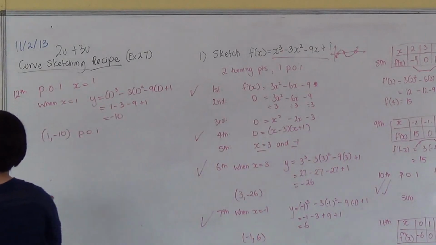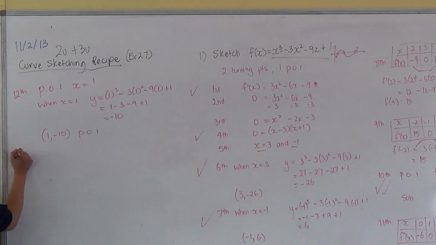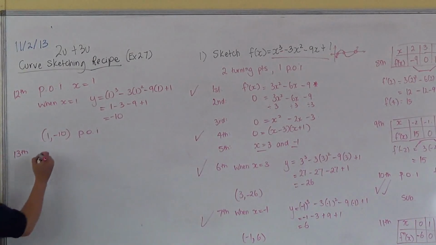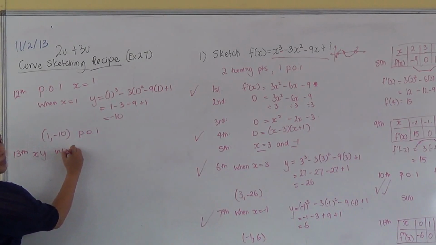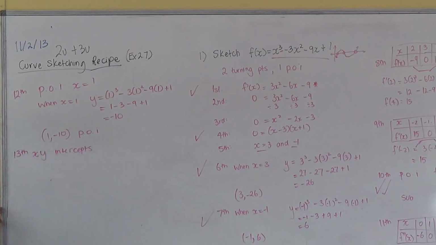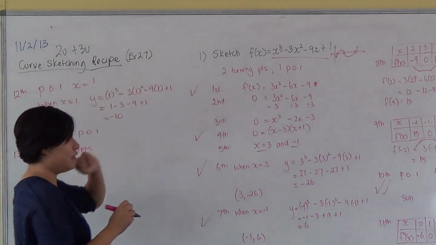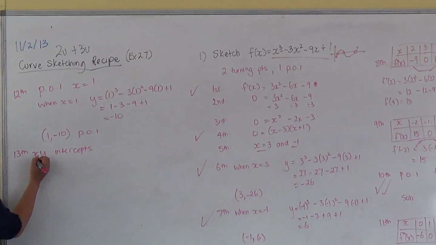Okay, so the 13th line of working out is x and y intercepts. In 2 unit, I'm not going to expect you to know what the x-intercepts of that function are. So we're going to ignore x-intercepts for the 2 unit class. 3 unit, you need to know how to do x-intercepts.